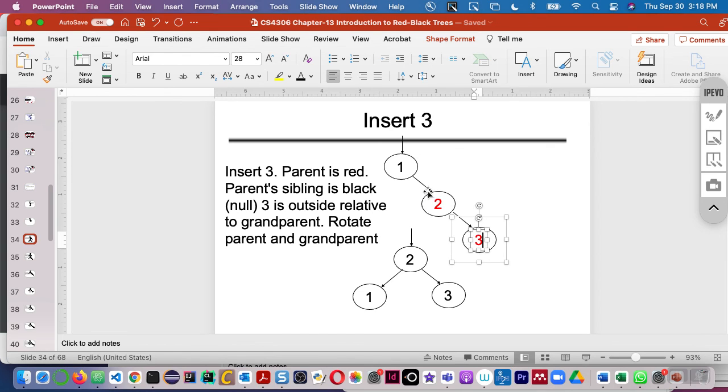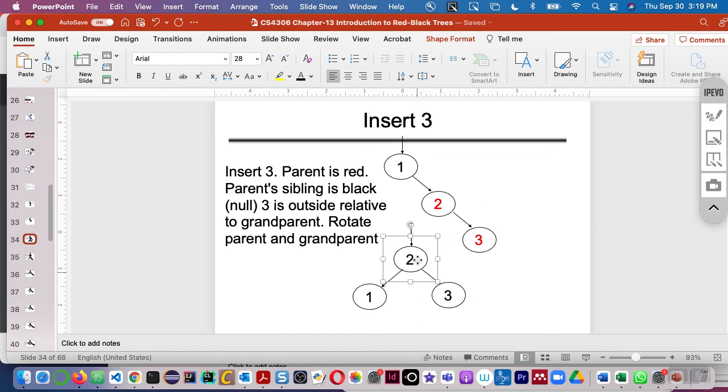Since 2 already has one black side, the empty nil leaf is black. Whenever you insert, you insert as red, and then the next step is to check the color and change it to black. Then later you change the other one.